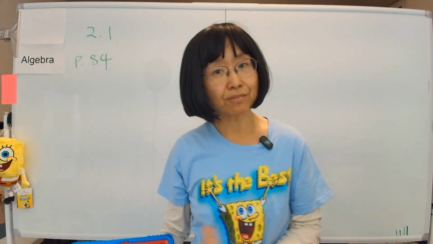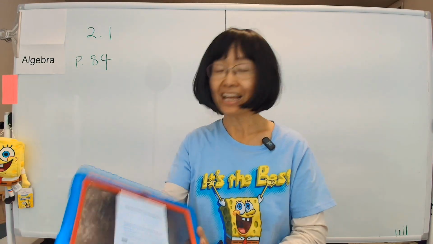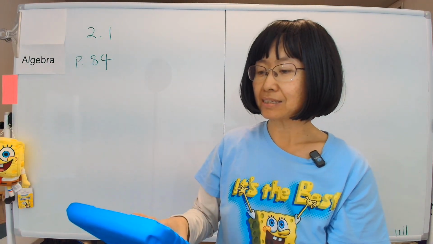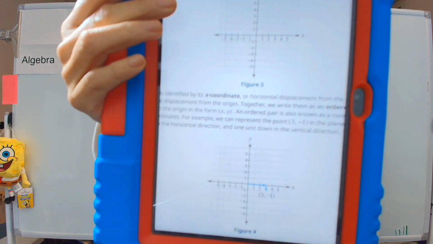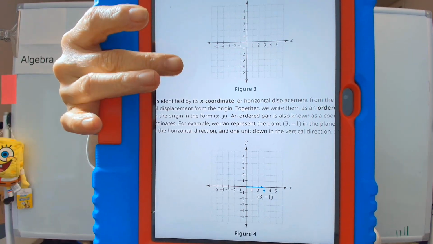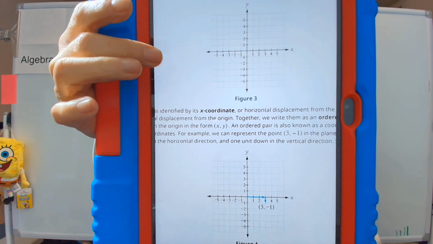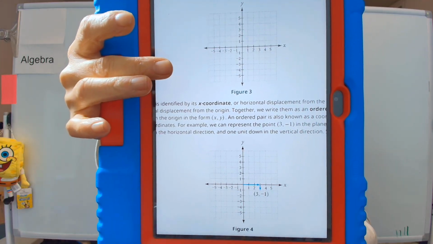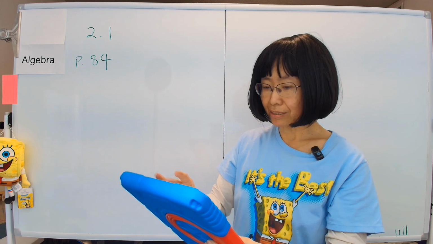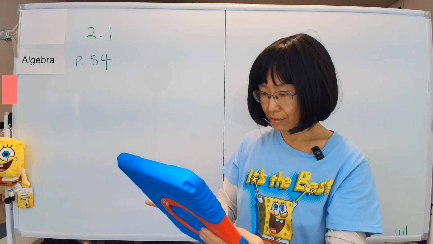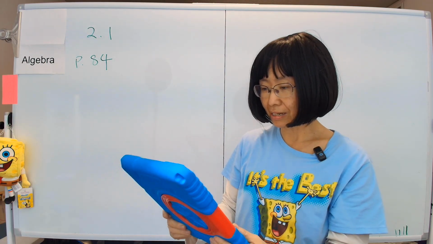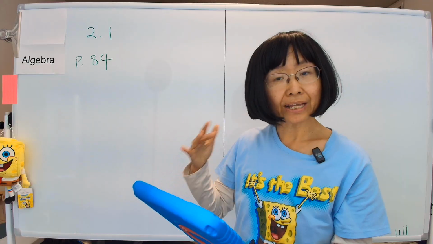Remember, minus and negative are used in the same way, so I'll call it negative. So the other side is called negative 1, 2, 3, 4, 5, etc. It goes on forever. And the same going below the origin, the (0, 0) point: -1, -2, -3, etc. And what is the point of this? The point is that we can identify points on the ground in relation to the origin.